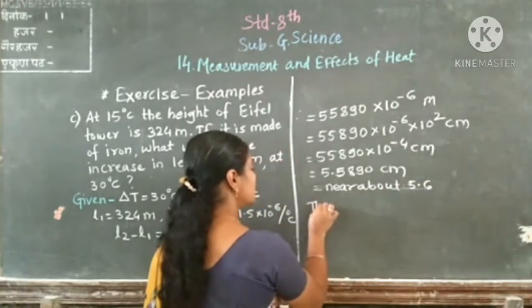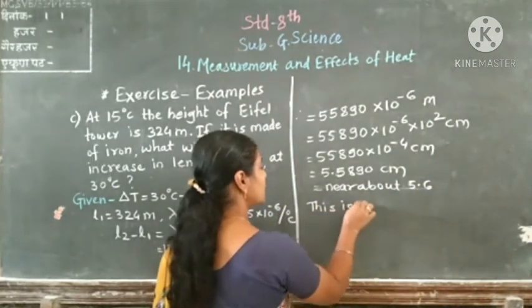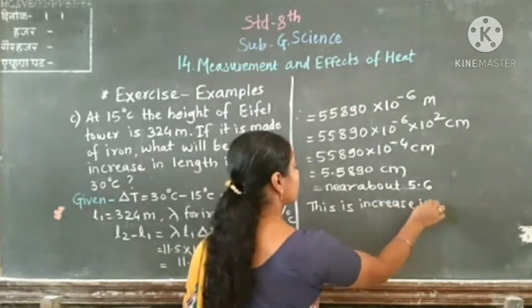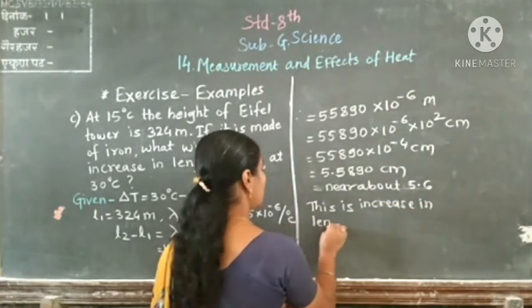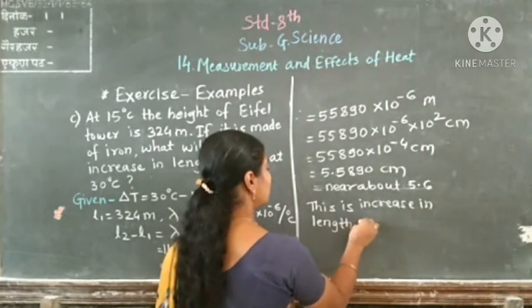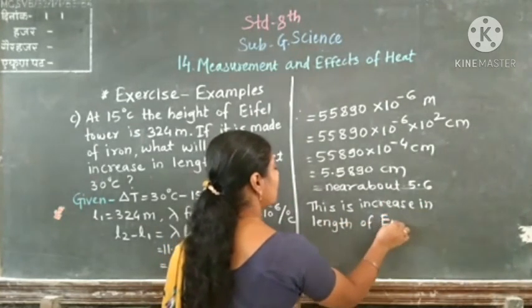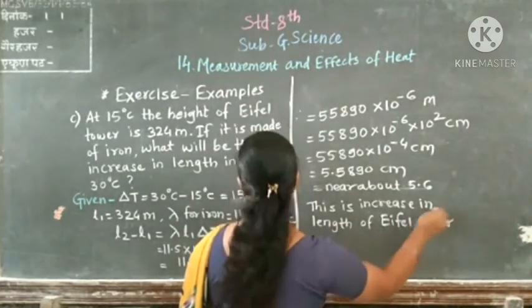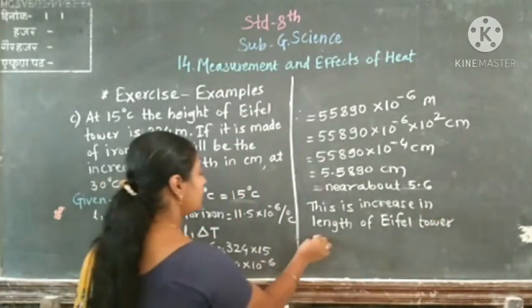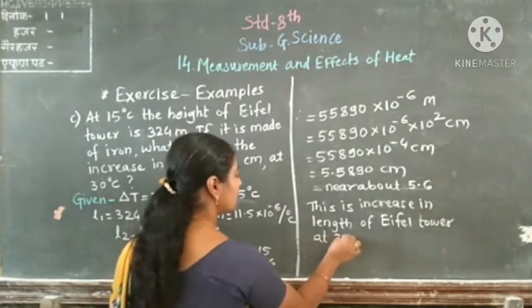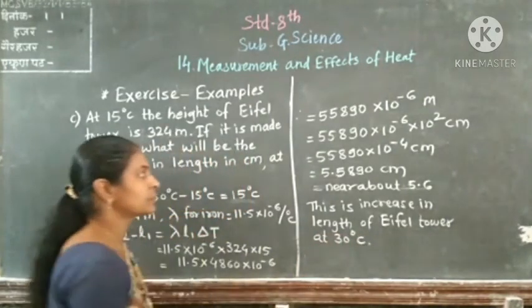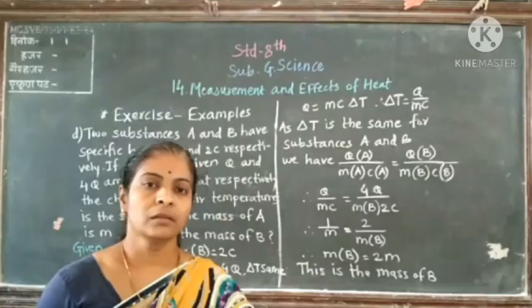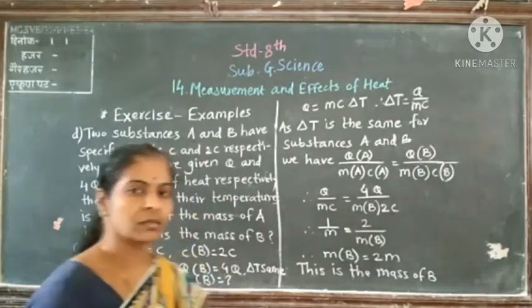So this is the increase in length of Eiffel Tower at 30 degree Celsius. Okay, so this is the example we solved here. Next example is, see here.